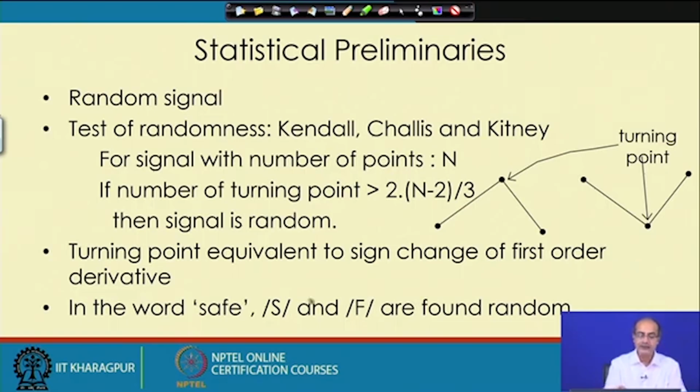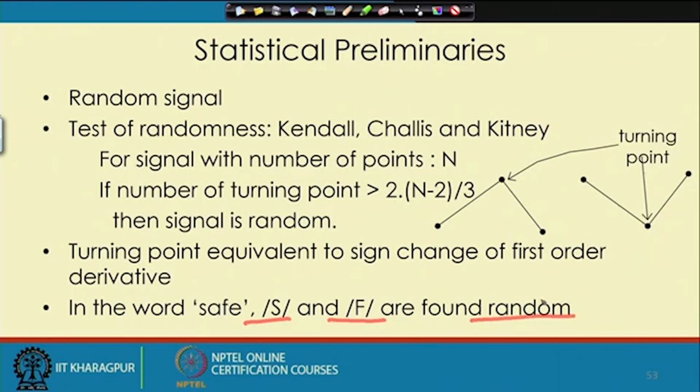Later we will see the waveform of the word safe, which will help us understand how the signals S and F, both consonant sounds, are random.